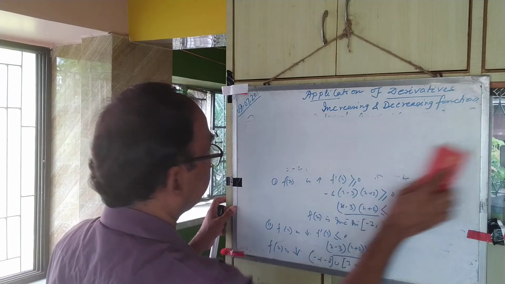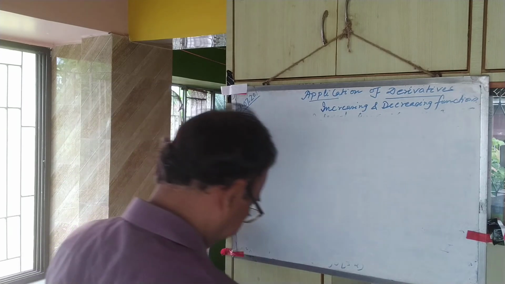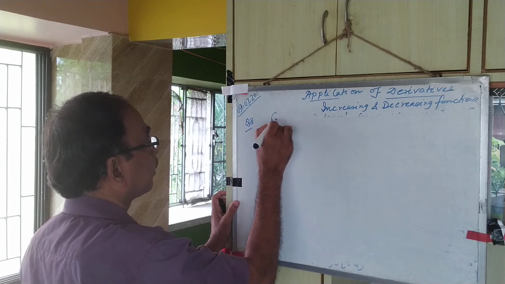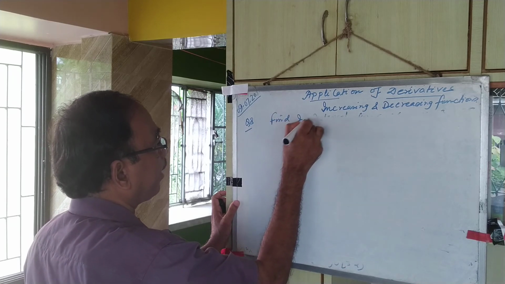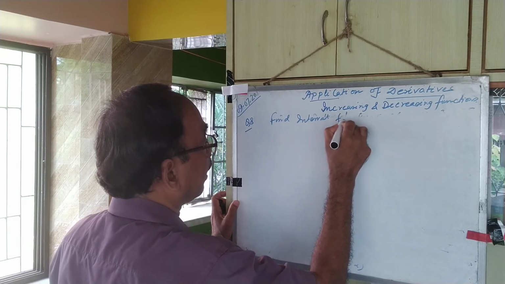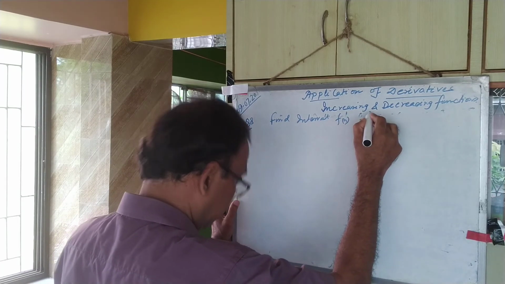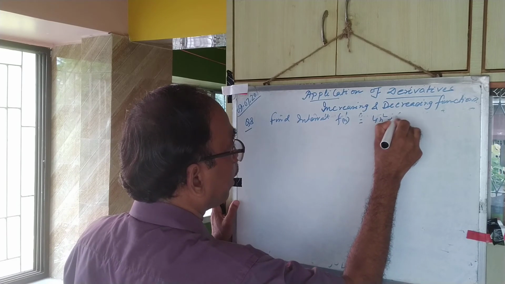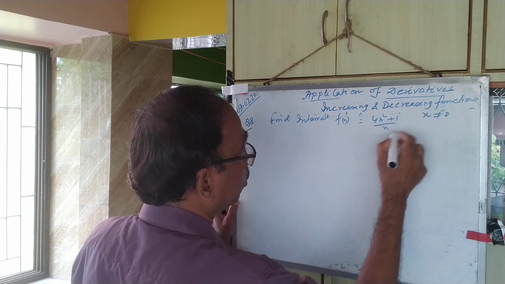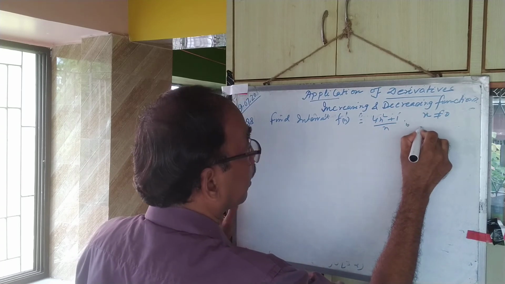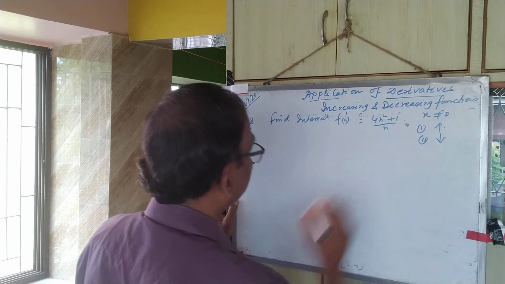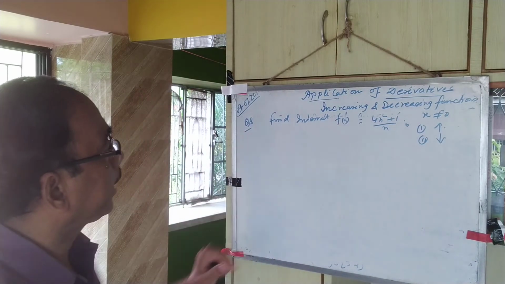Sum number 8. Similarly, find the interval where f(x) equals 4x square plus 1 over x, where x is not equal to 0, is number 1 increasing, number 2 decreasing. First of all, you have to break it.